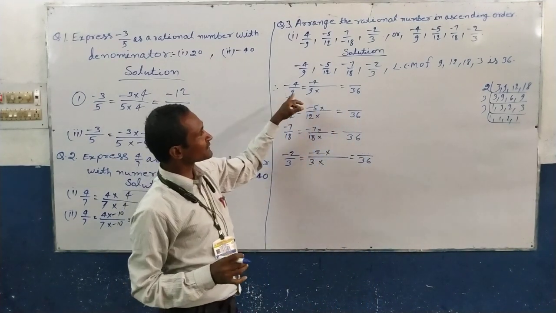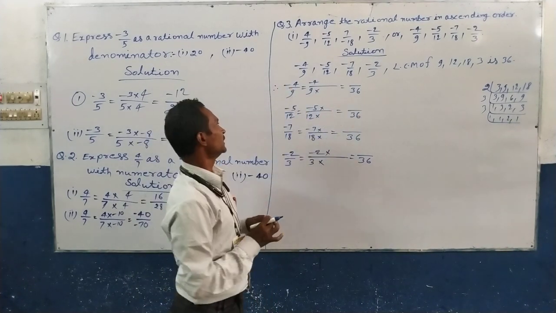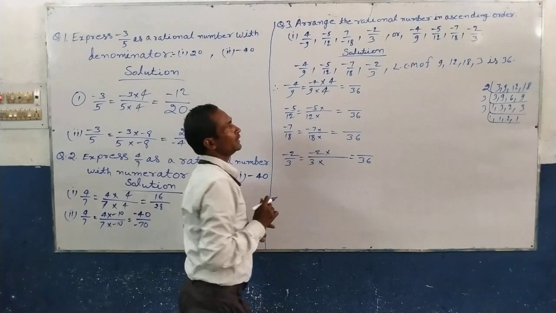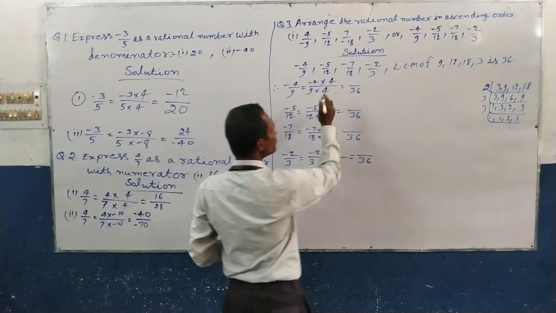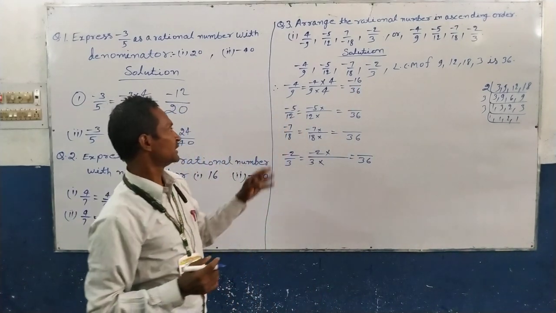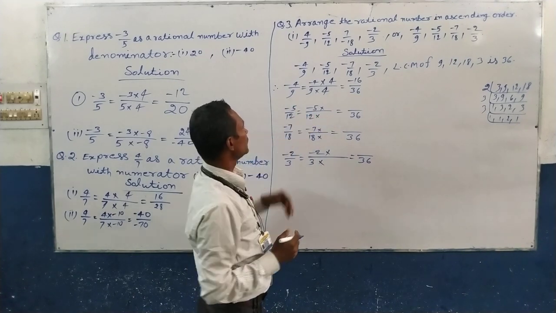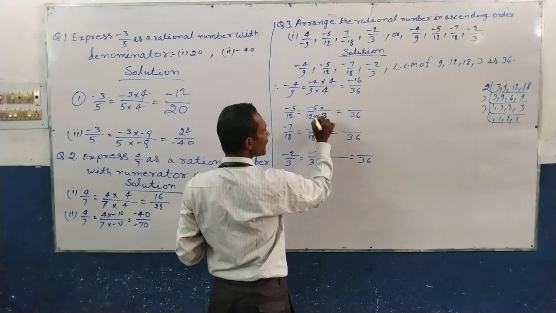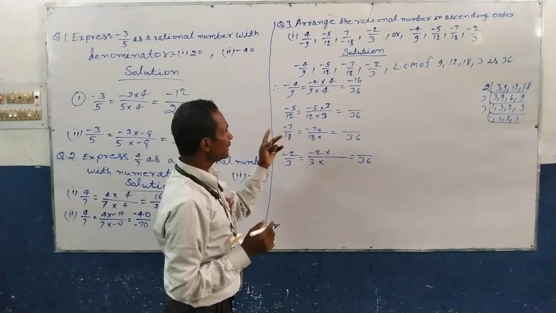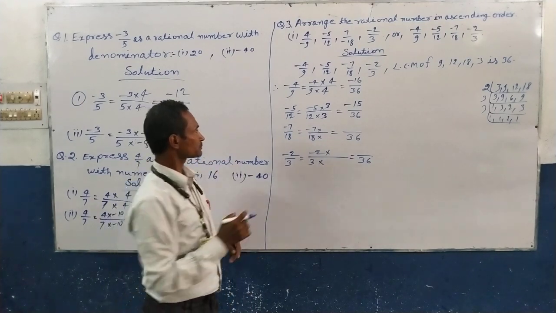So to make like fractions, -4 by 9, denominator 36, multiplied by 4 in 9 and also multiplied by 4 in -4. Then we find -16 by 36. Next, -5 by 12, 12 multiplied by 3 is equal to 36. So also multiply 3 in -5. Then we find -15 by 36.